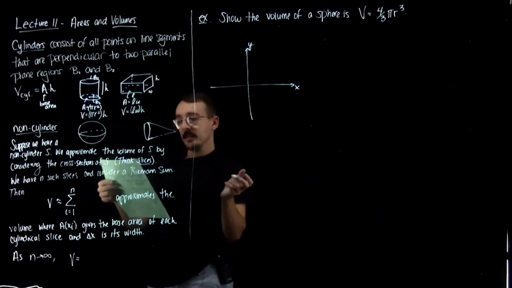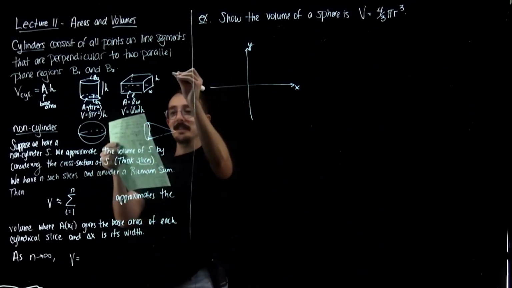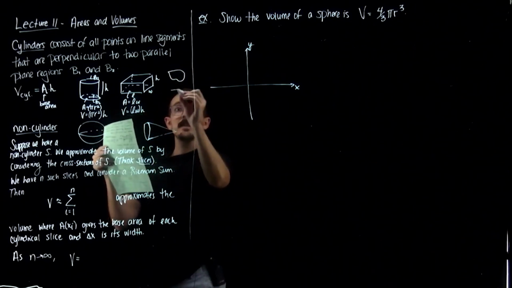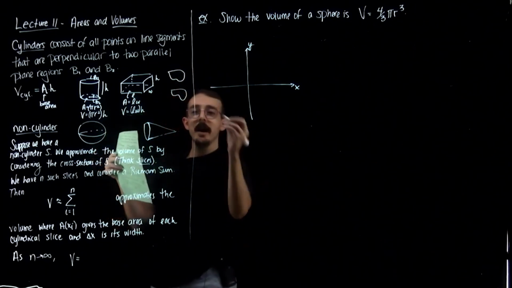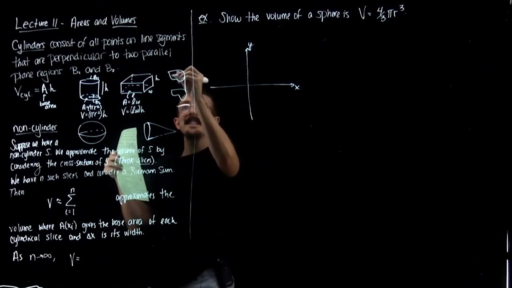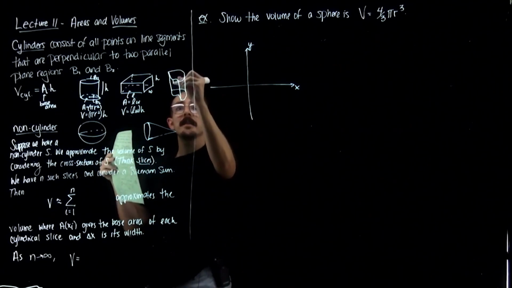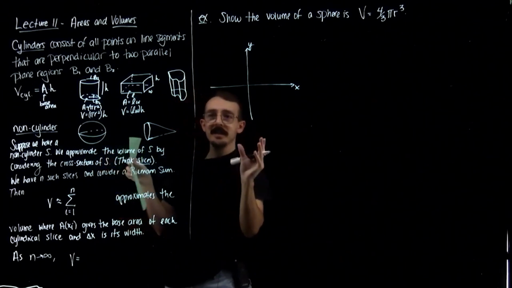And cylinders don't just have to look like this. Now I'm really going to stretch myself here, but let's say you had some weird blob shape. I'm going to try to identically copy that. Not bad. And then you draw all the line segments that connect the two planes in a perpendicular kind of way. Imagine that's a cylinder.